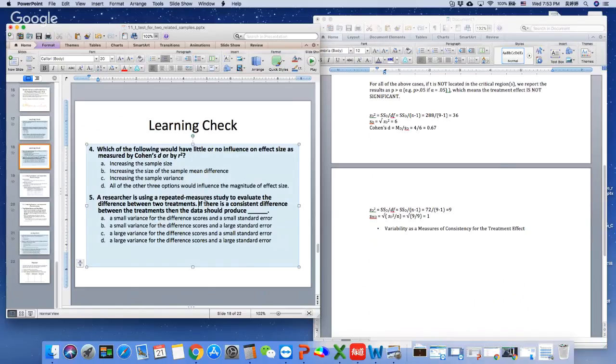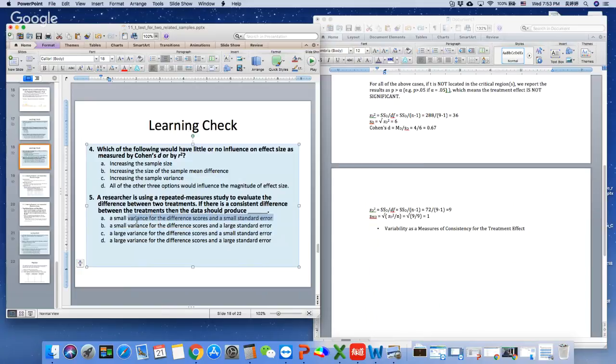So here we know it is a significant difference, a significant treatment effect, which means the variability should be very small. So it should be a small standard deviation. And if there is a consistent difference, there is a larger difference of variance scores and a smaller standard deviation.